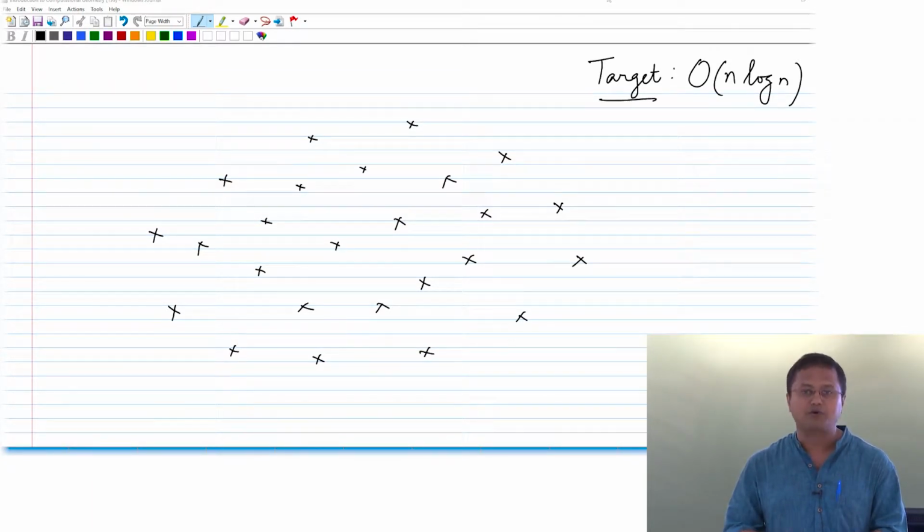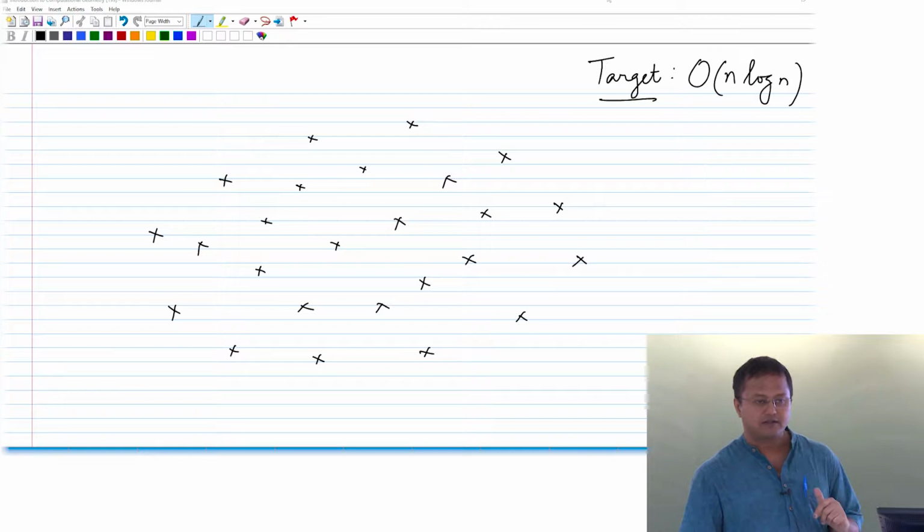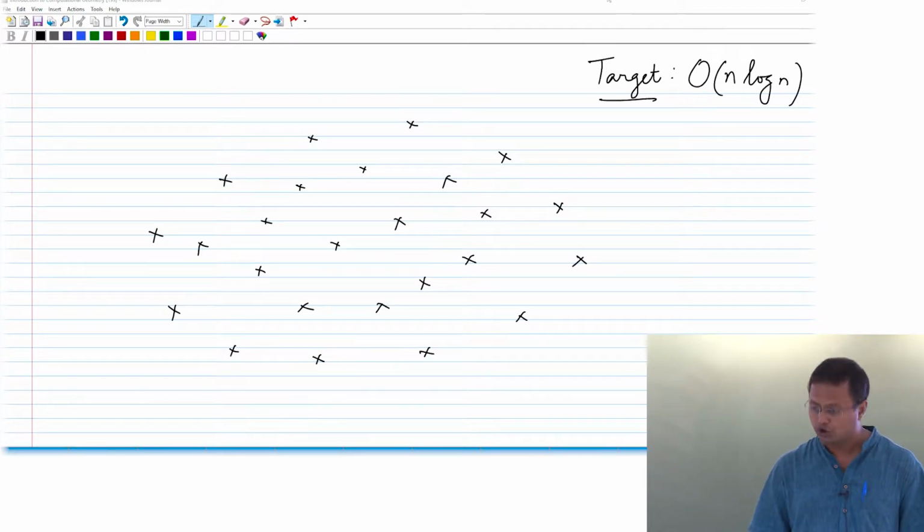A lower bound is about a machine model, and here the machine model can do only comparisons, and one can show that the problem of sorting has a lower bound of omega n log n, and by a reduction from sorting one can also show that convex hull also has a lower bound of omega n log n. So, if we can achieve this target, then we are doing pretty good.